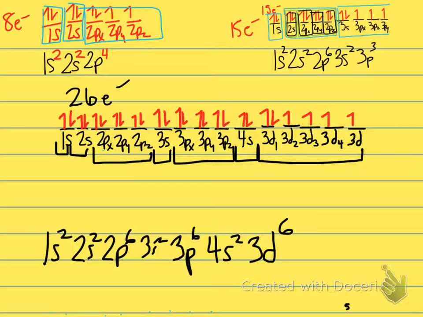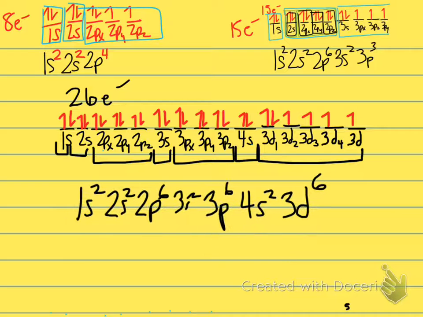3d6. Now, does anything look weird about that to you? Does anything bother you about that? Some people are bothered by this, some people are not. Well, you can't combine anything, no, because you've got to list the subshells.